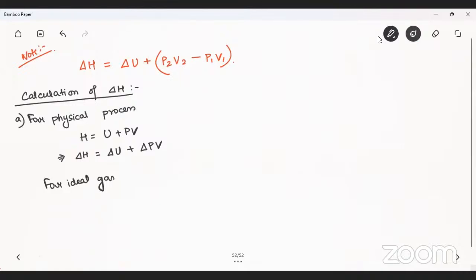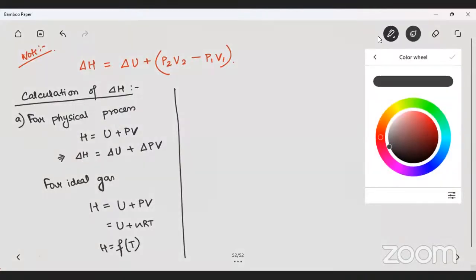For ideal gas, PV is equal to nRT. Very good. H is equal to U plus PV, but instead of PV, we will write nRT. Then H here becomes a function of T. This can be an important conclusion.